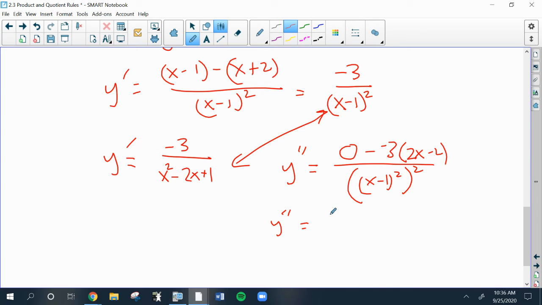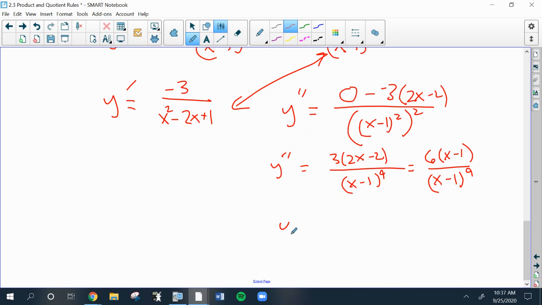So we have 3 times 2x minus 2 all over x minus 1 to the 4th, which is 6 times x minus 1 all over x minus 1 to the 4th, which, this was a good problem, gives you a cancellation, and here's your final answer.